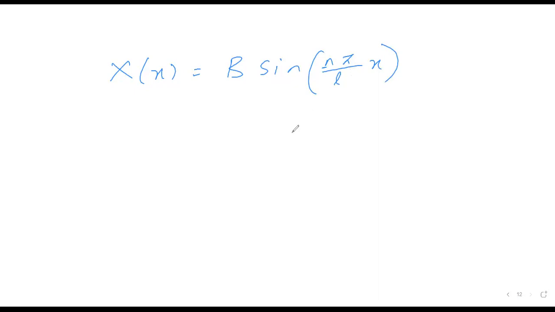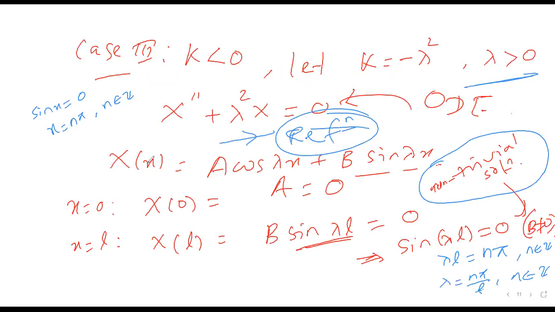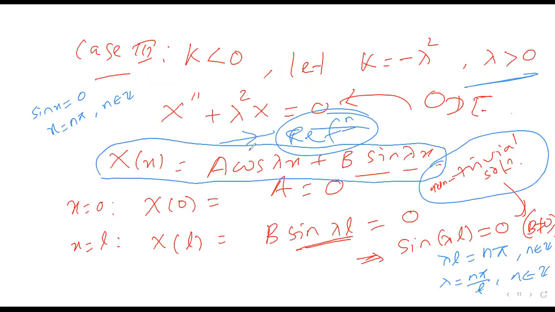So this is our final answer, because this is what I have derived. See here, X of x is my answer. I have found my A is equal to 0, then I can omit this one. So this is the only answer I have got for this X of x.